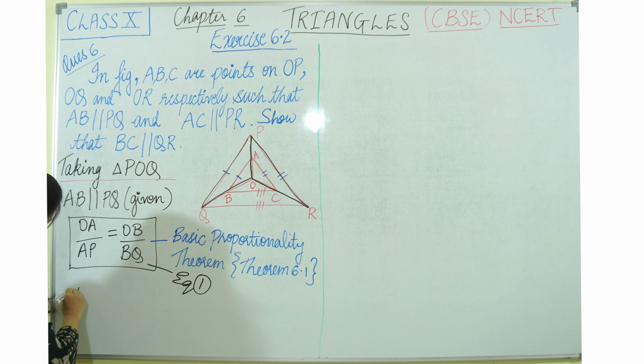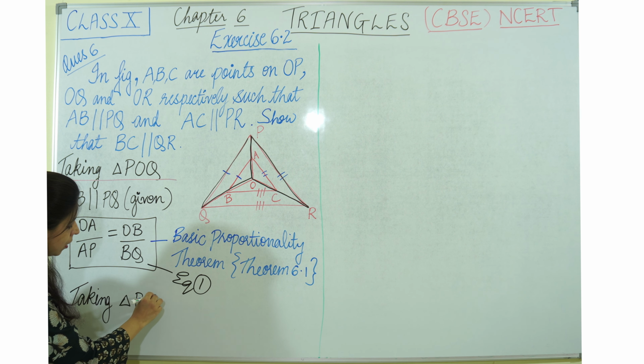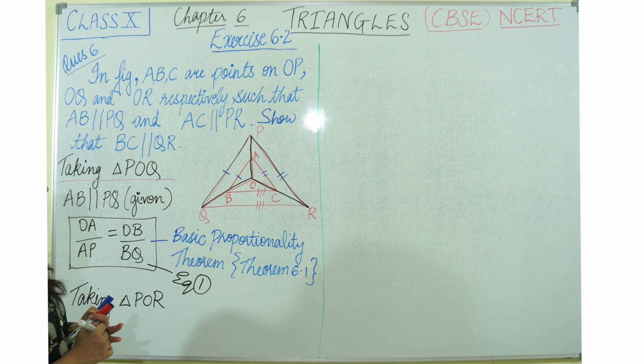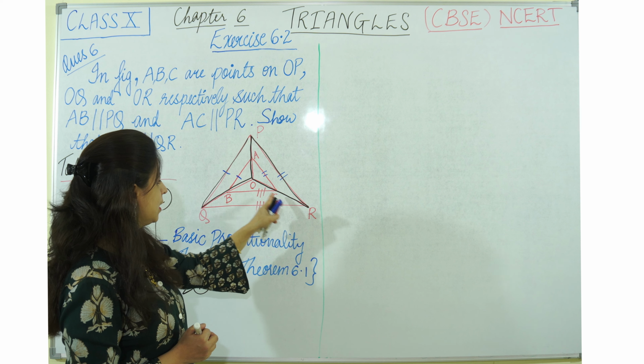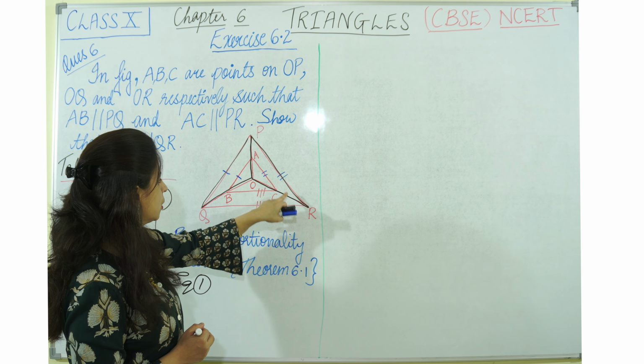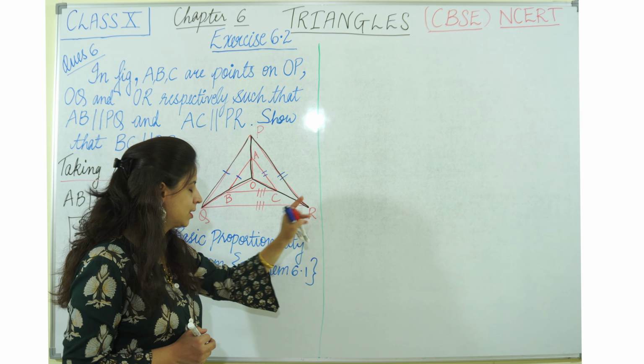Taking triangle POR, here also the condition given to us is that A and C are on two sides of the triangle, and AC is parallel to the third side.